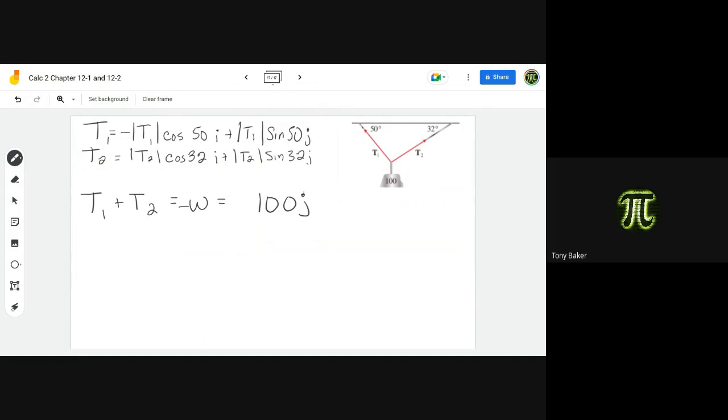All right. So we've now got, we're adding these two and setting it equal to 100J. When we're adding them together, we want to add the I's together and the J's together.